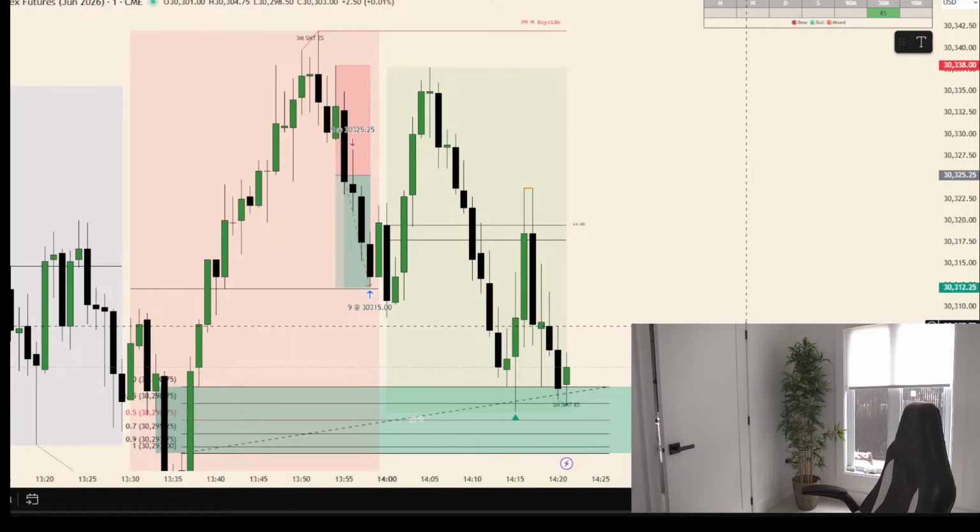Let's get a close above a previous candle high, not just a wick, a close. Hopefully CVD will hold here and we get the close above.